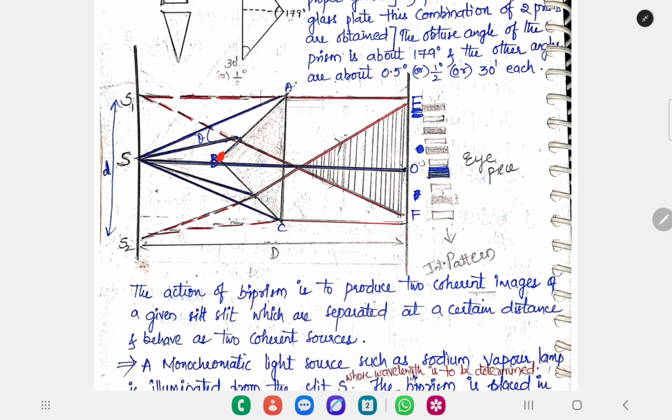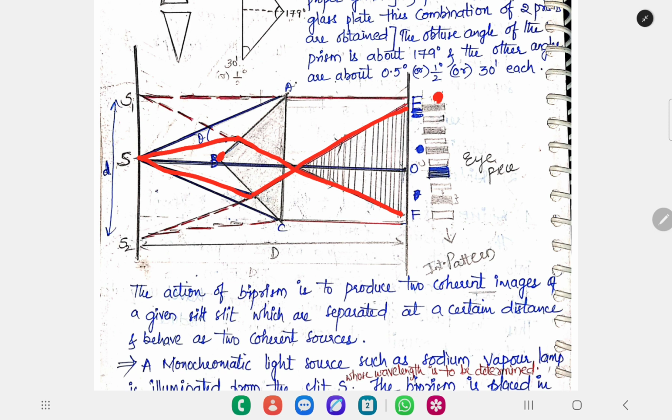The source is going like this, but after touching the biprism, it is refracted downwards, and here also it is moving in this way.